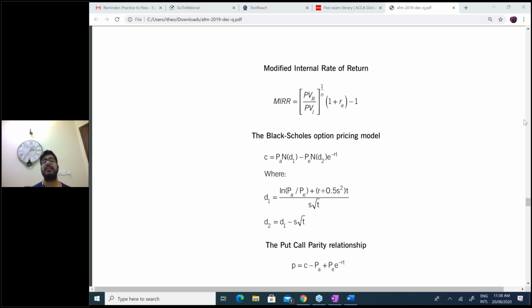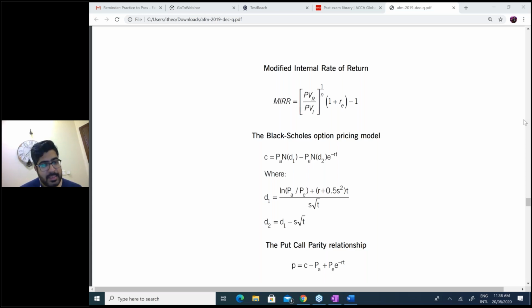That's not a concern for any AFM student because it's mentioned nowhere in AFM studies that you need derivation of formulas. If you want to learn how the formulas are derived, obviously you can learn it separately, but the AFM exam doesn't give you any information on how these formulas are derived. As far as your question is concerned, it's the value of call and put option. Value means premium. They are calculating the premium.